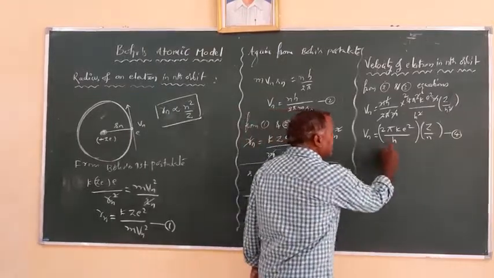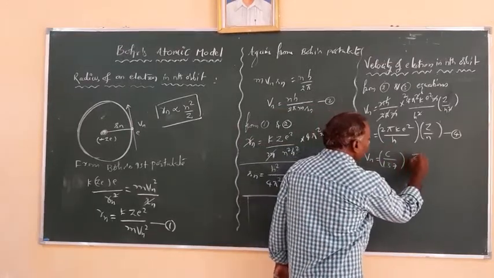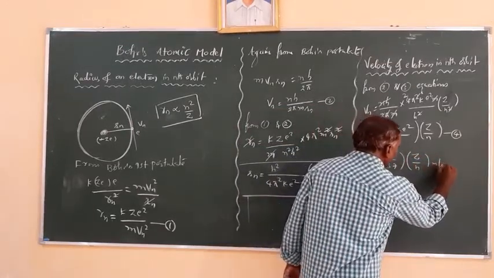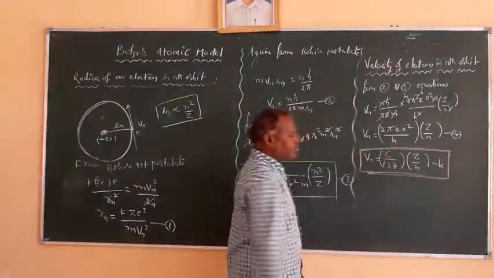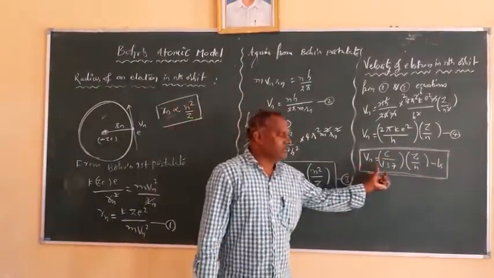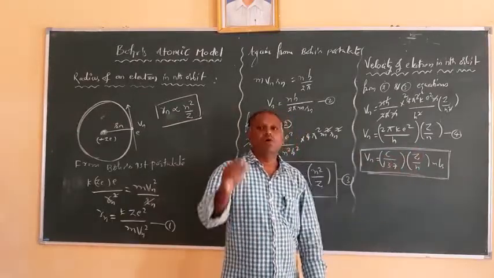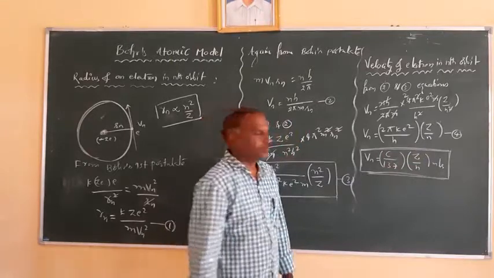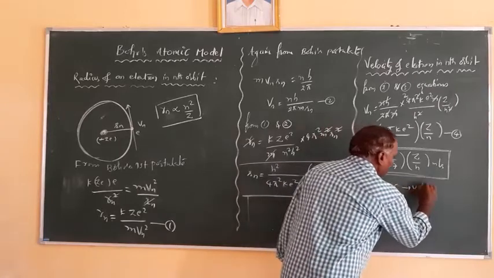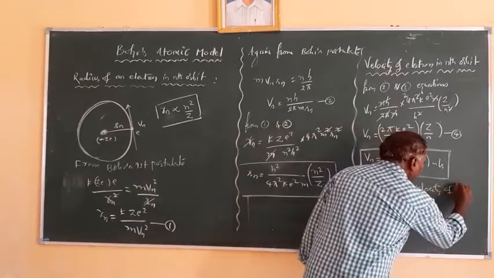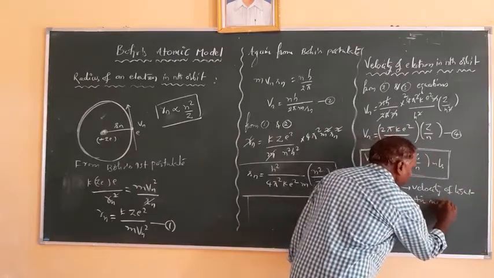That is, Vn is equal to C upon 137 into Z by n, in meter per second, where C is the velocity of light in free space or in air medium.